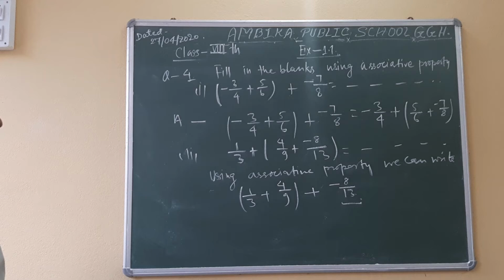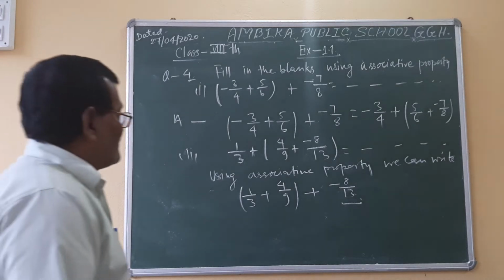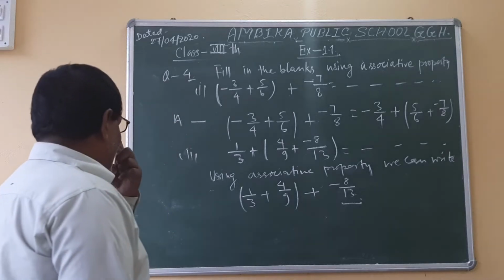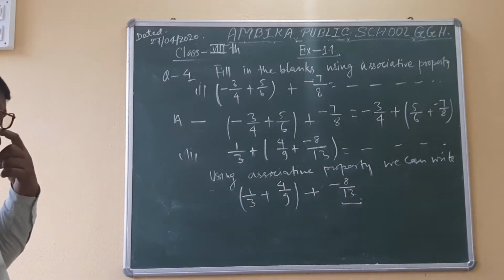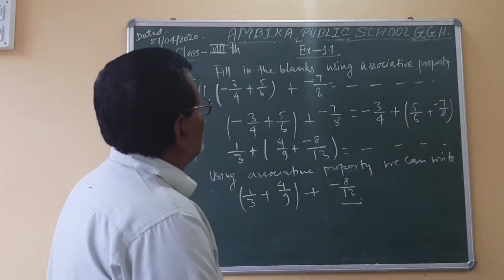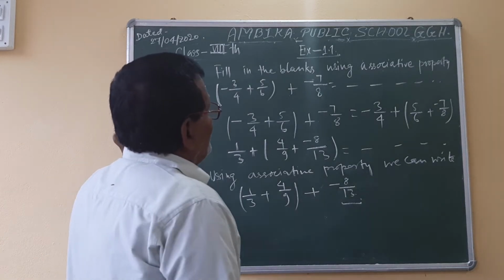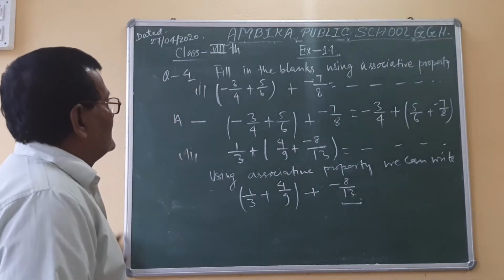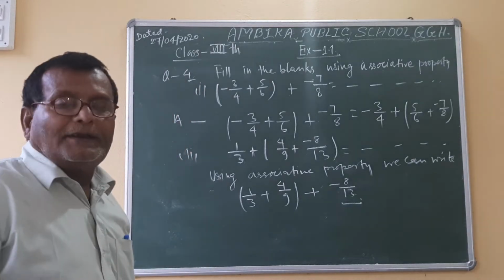If you know the properties, associative property, commutative property, additive inverse, identity, then you can solve it by using the property. So I hope that you can solve the next questions 3 and 4.